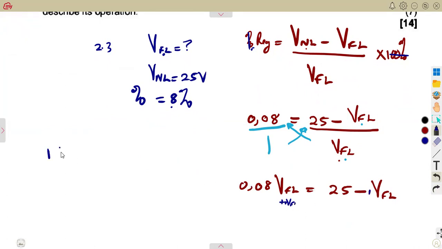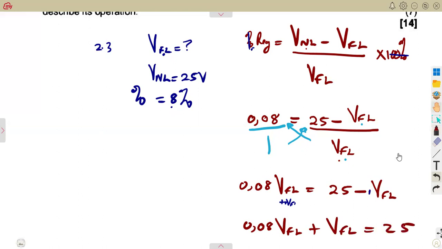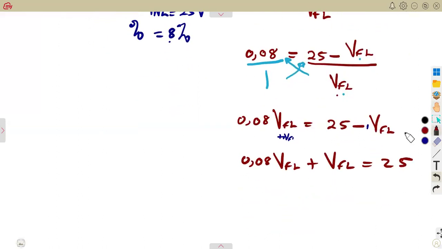So if we add 1 plus the 0.08, you have taken this to the other hand. So it's now 0.08 VF plus this VF that we have is equal to 25. As you are adding, there is a 1 here.